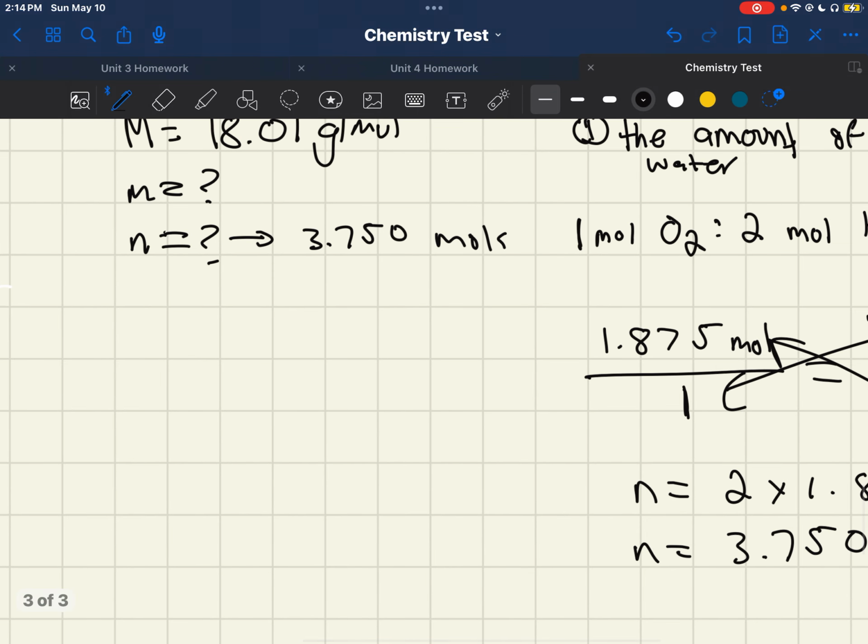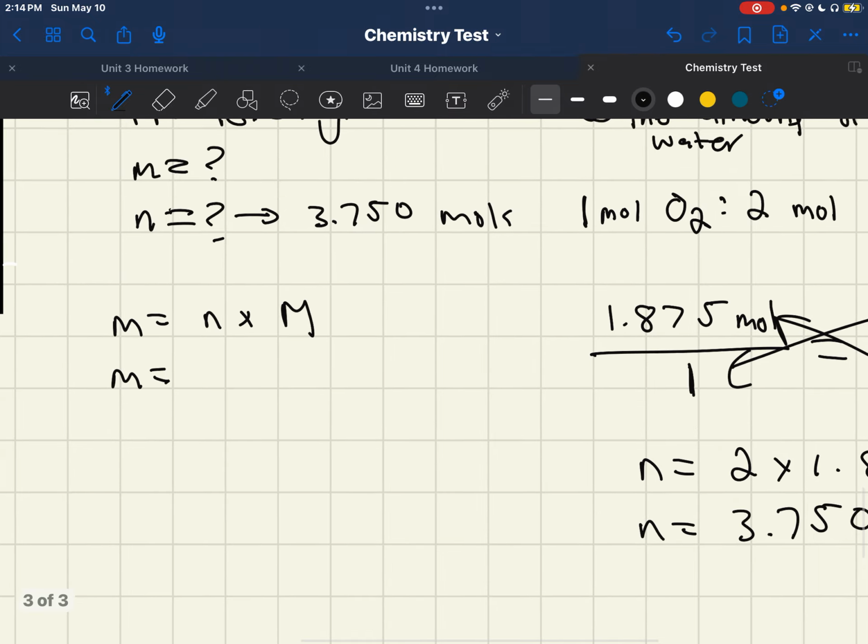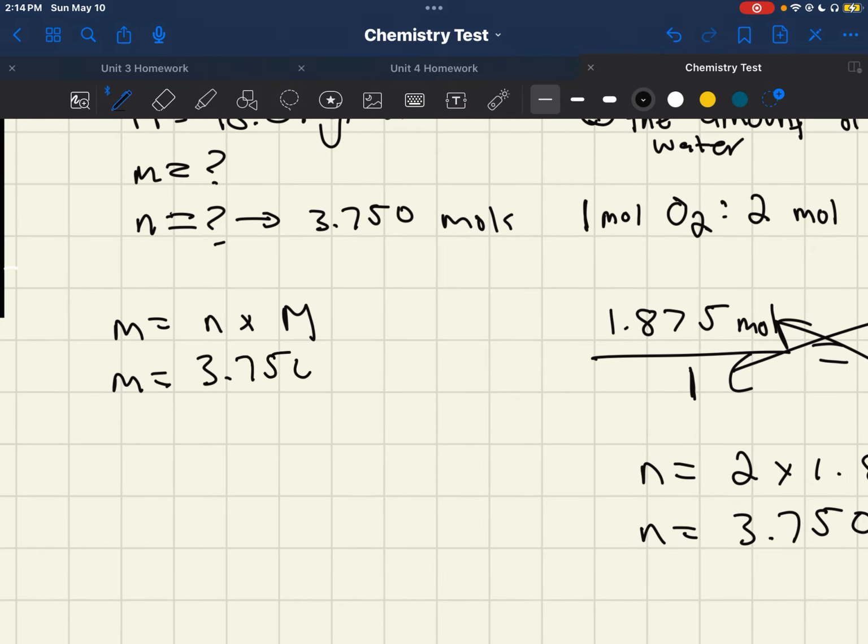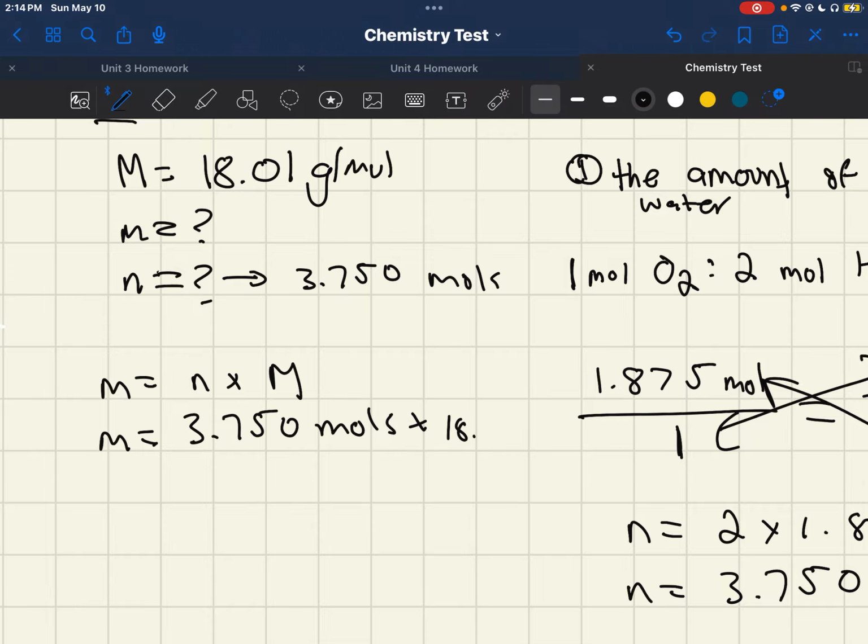For the mass, it's just going to be the amount of moles multiplied by the molar mass. So that's just going to be 3.750 moles multiplied by 18.01 grams per mole. And that gives us 67.5375 grams.